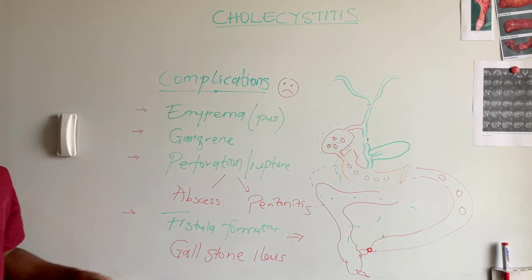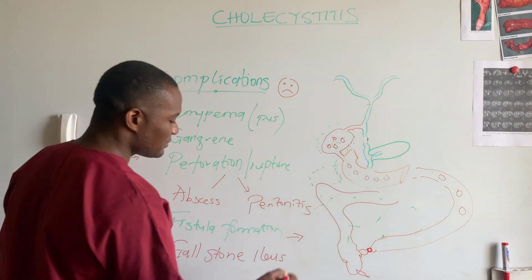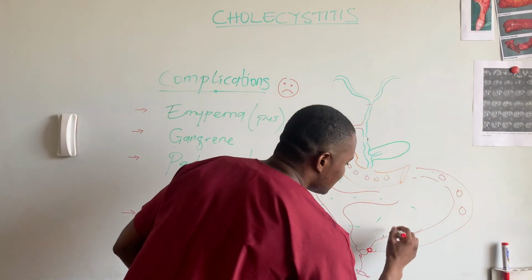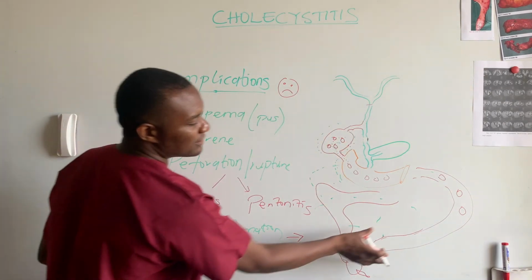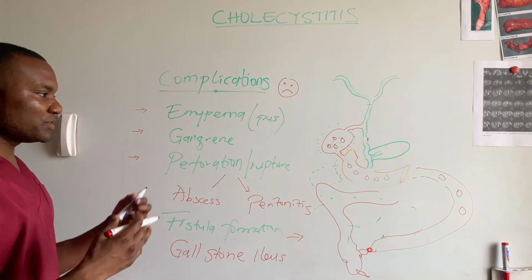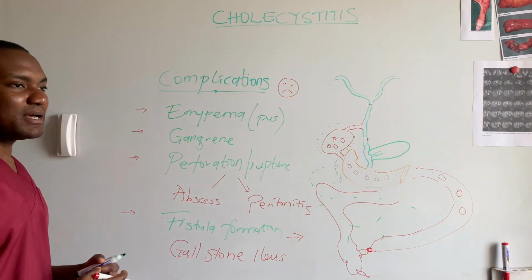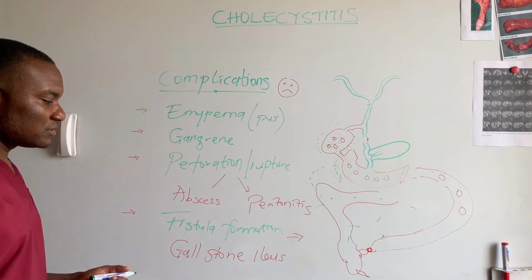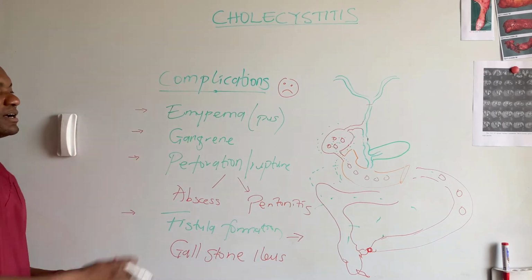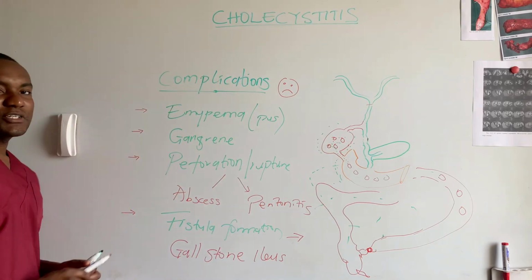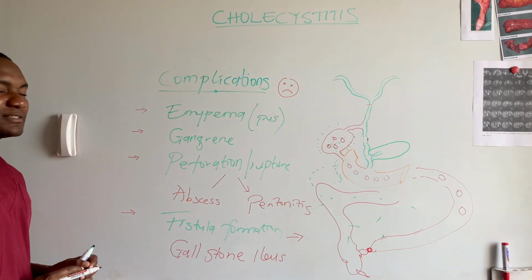And this will lead to intestinal obstruction. So the intestine will be obstructed and it will present with a different clinical picture, like distension of the abdomen and vomiting. So these are the complications that you can expect from a patient who has cholecystitis.